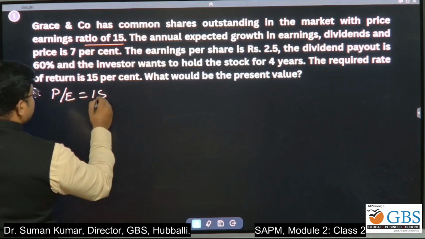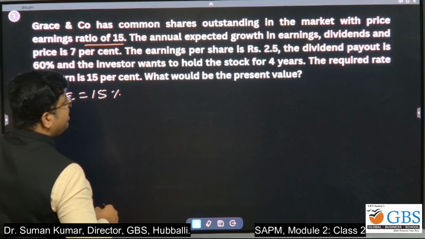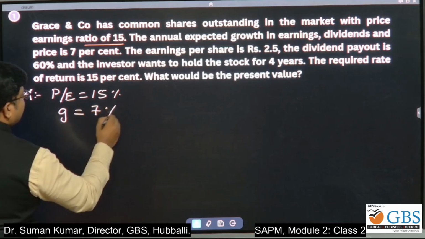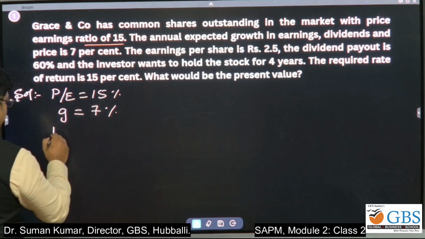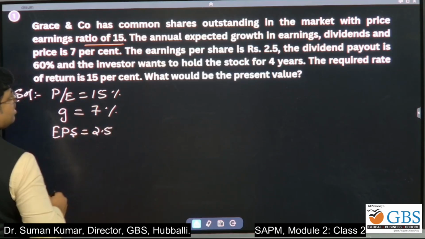is equal to 15. The annual expected growth in earning dividends, that is G, is equal to 17%. The earning per share, EPS, is 2.5.